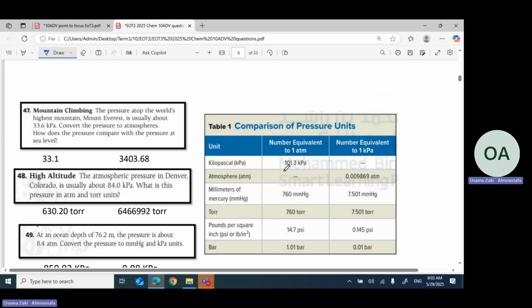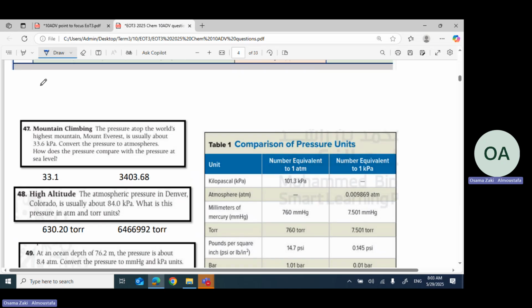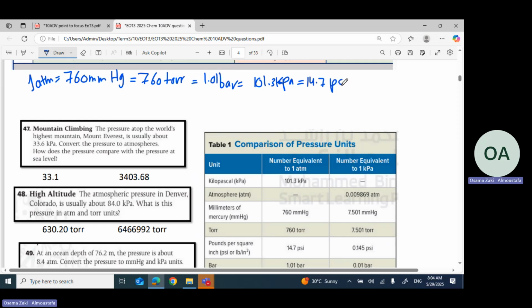I will summarize the table. 1 atm, 1 atmosphere equals 760 millimeter mercury equals 760 torr equals 1.01 bar equals 101.3 kPa equals 14.7 psi. Okay, so this is the summary of the table.